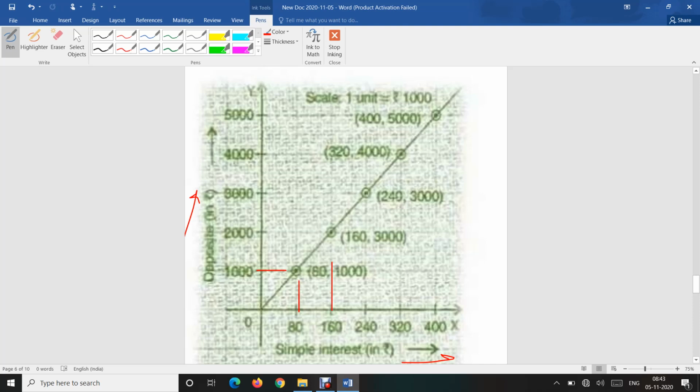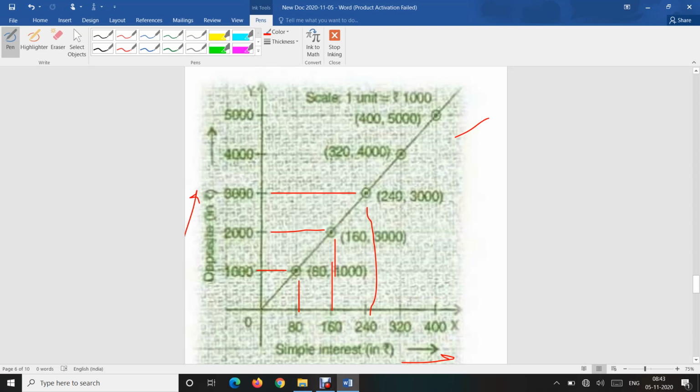Simple interest is 160, principal is 2000. This is 240. Similarly, you can draw all the coordinates, and after that you can join these points, and it will be a linear graph.